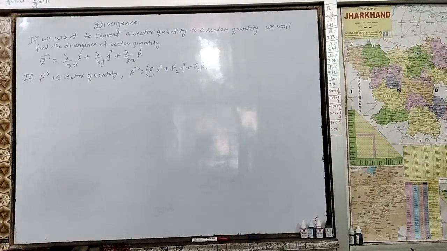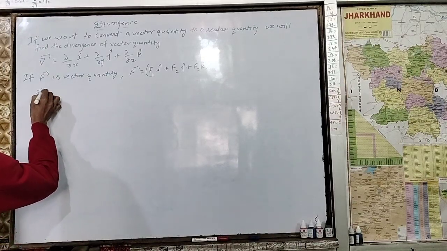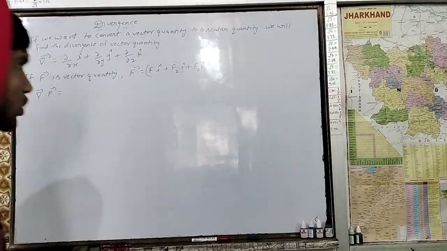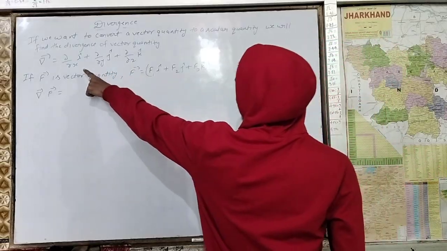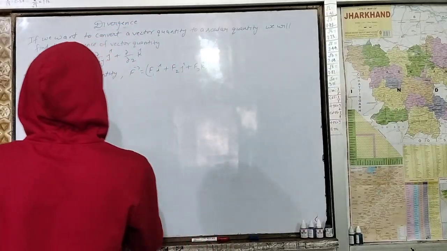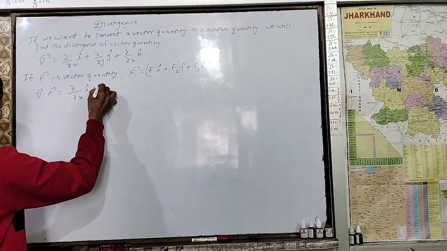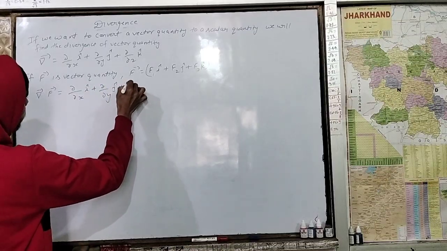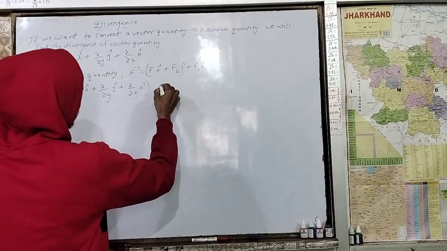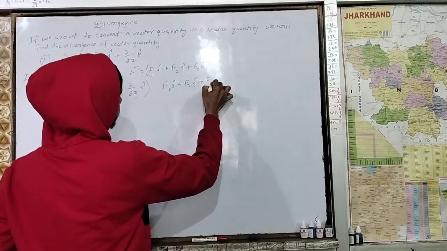Then our divergence, del dot f vector, will be what? You just put this value with each term of the del operator: d upon dx i cap plus d upon dy j cap plus d upon dz k cap dotted with f1 i cap plus f2 j cap plus f3 k cap.